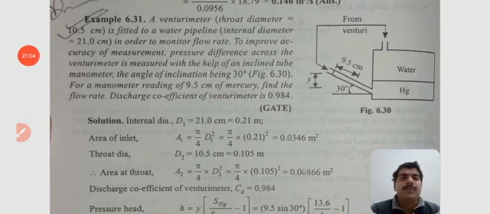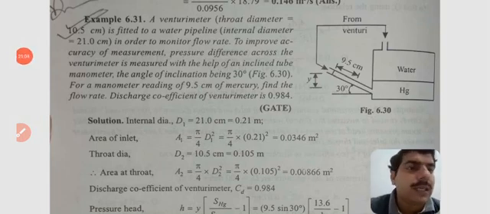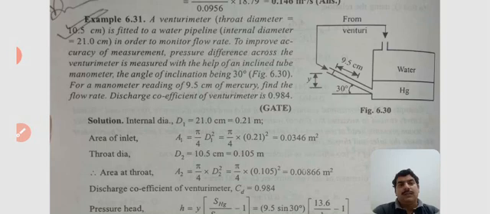Now the next example, another type of example, which is asked in the GATE examination. A given question: a Venturi meter with throat diameter equal to 10.5 centimeter is fitted to a water pipeline of internal diameter 21 centimeter.